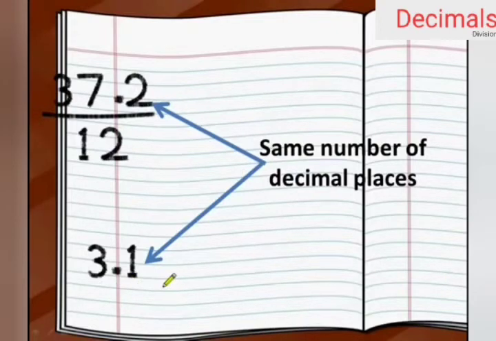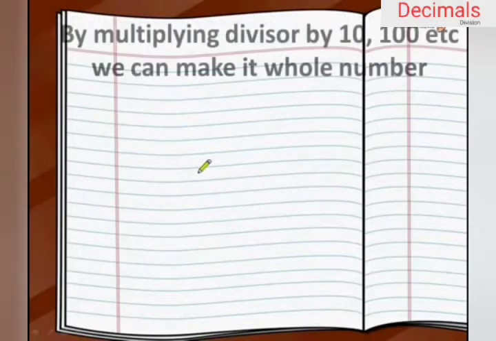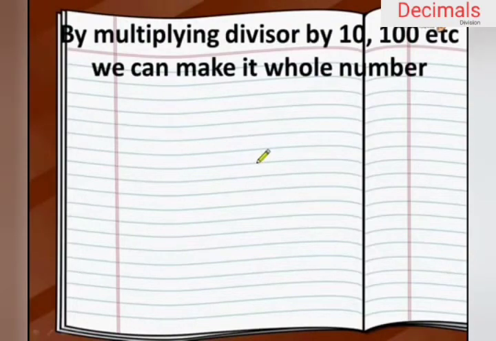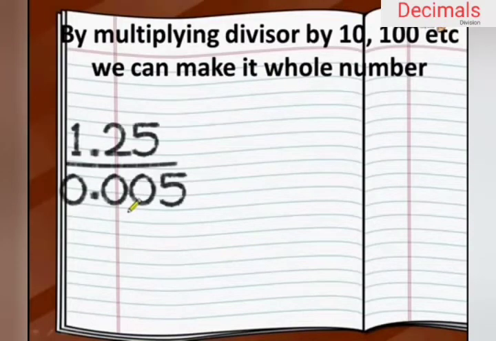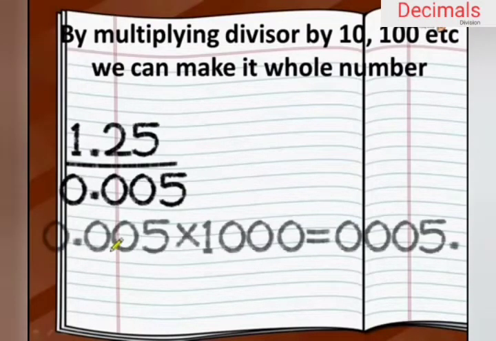So this is correct. Now if we are getting any decimal point in the divisor, we can easily convert it by multiplying by 10, 100, 1000 and so on with base 10. So here if you see 0.005, if we need to convert it to a whole number, we have to multiply it by 1000, since after the decimal point we have 3 digits here: tenths, hundredths and thousandths.